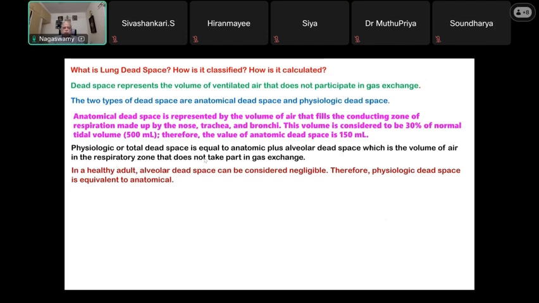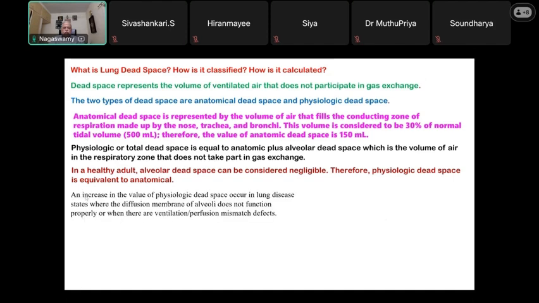Whereas in pathological conditions, as I told you in ARDS, alveolar dead space will contribute more to the total physiological dead space. So an increase in physiological dead space occurs in lung diseases where the diffusion membrane of the alveoli does not function properly or where there is no proper perfusion.